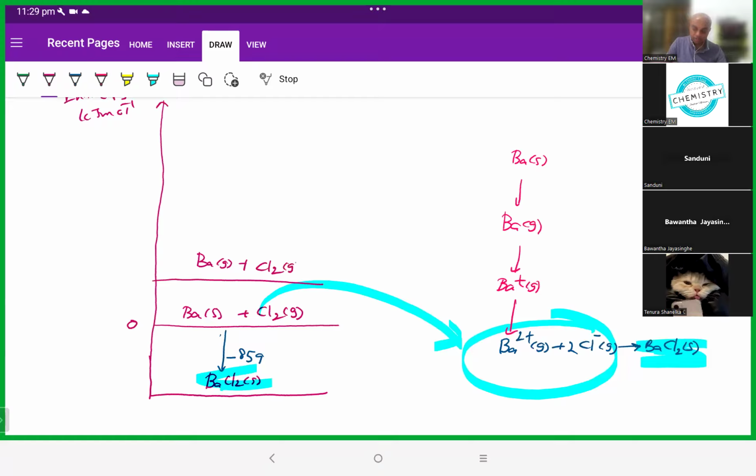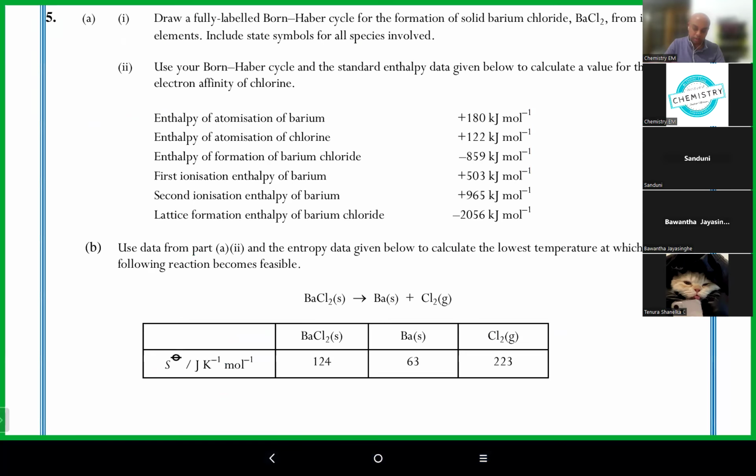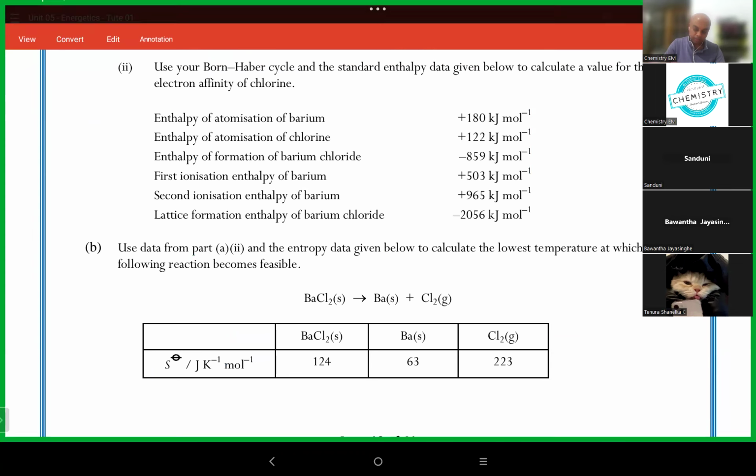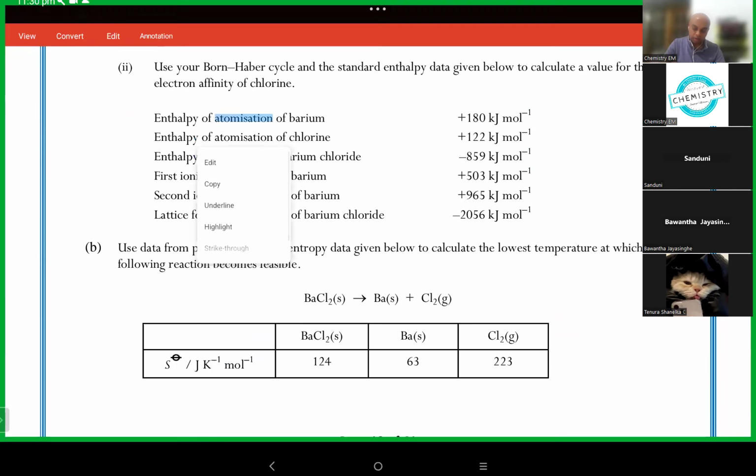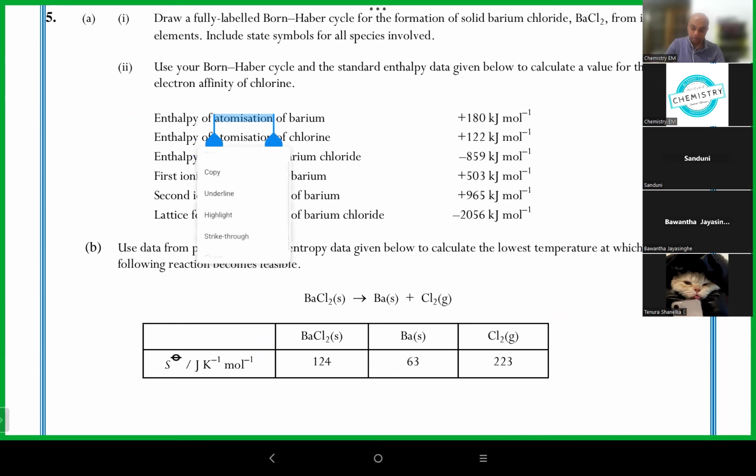Cl2, right? Then barium converts into barium plus gas. Positive. Atomization enthalpy, atomization of barium, this one. This is the first line item. I'm talking about this one.